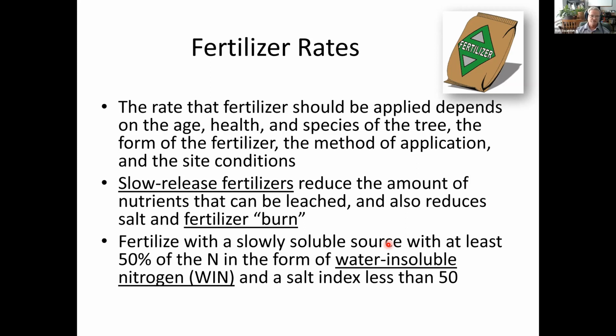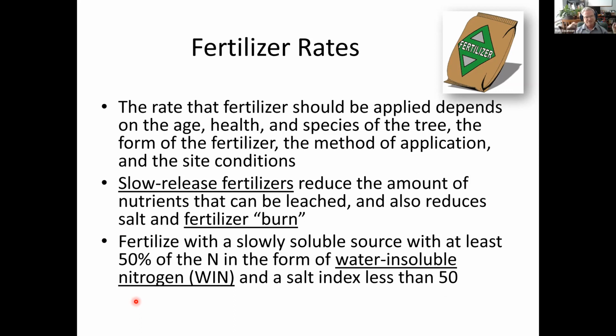Fertilize with a slowly soluble source with at least 50% of the nitrogen in the form of water insoluble nitrogen, or WIN, that has a salt index less than 50. I spoke briefly about those ANSI standards in our first lecture.